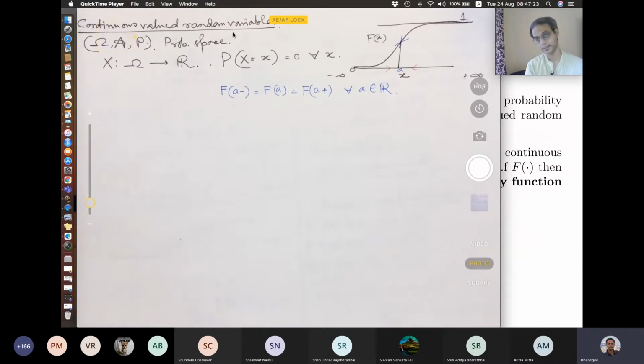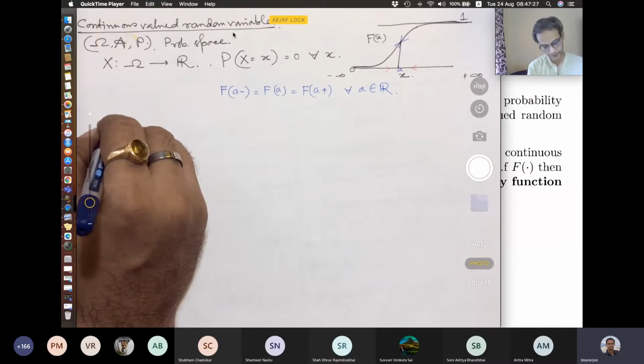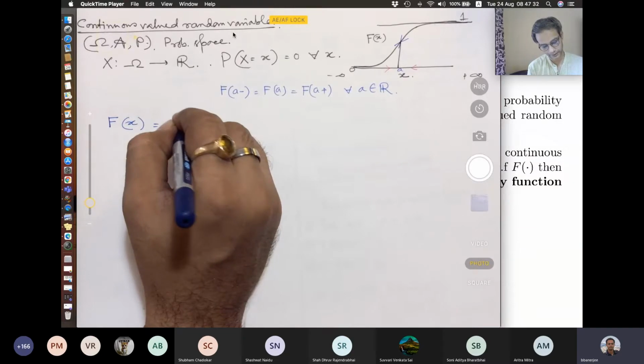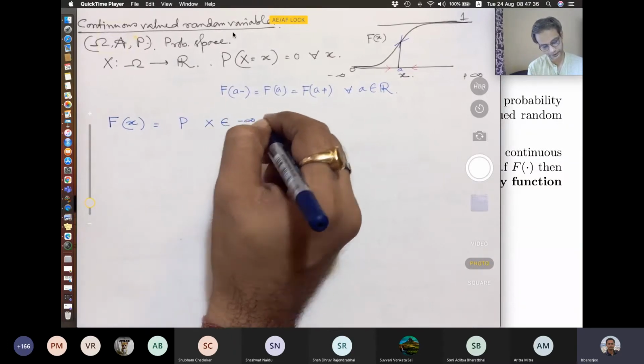Now to get the CDF, that means F(x) equals probability X belongs to minus infinity to x.